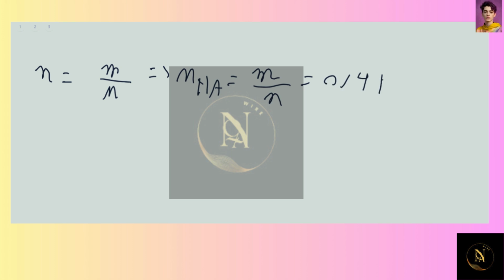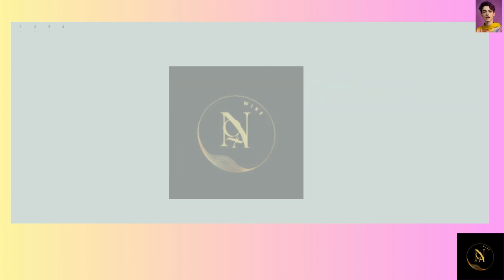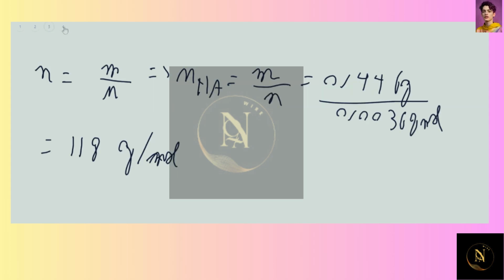If you remember, it was 0.446 grams over 0.00368 mole, which is 118 grams per mole. This means that in 1 mole of your acid, you have around 118 grams of matter. So that's for our first part.